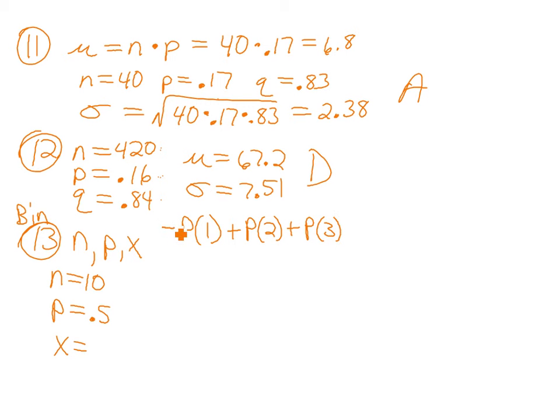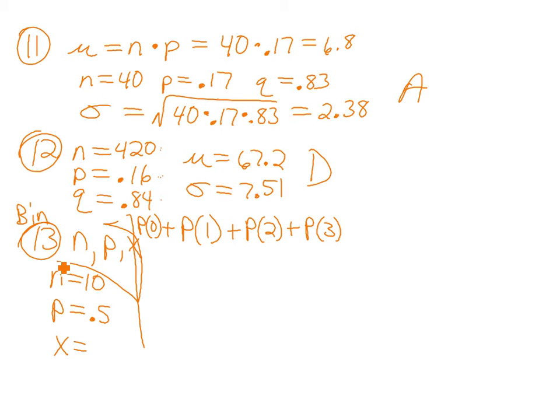And I forgot one out in front here, probability of 0. Could be 0 boys also. So we want probability of 0, probability of 1, probability of 2, probability of 3.